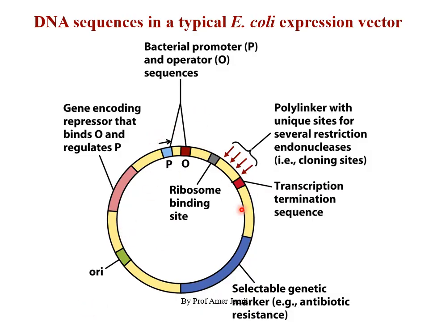So when we transform this vector with our gene of interest into the bacterial cells, the bacterial cell will grow and make multiple copies of it, which is cloning, and then it will also produce recombinant protein. That recombinant protein may be present inside the cell or it may come out of the cell, depending on the nature of the protein and the signal sequence it has.